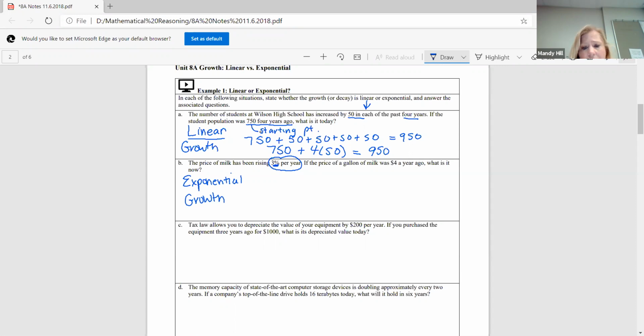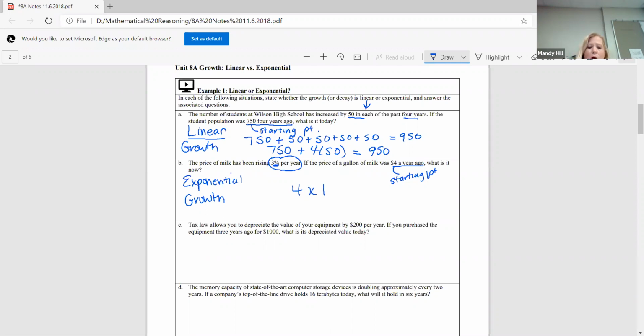Okay. If the price of a gallon of milk was $4 a year ago, what is it expected to be now? Only 1 year has gone by. This would be our starting point. All we need to do is say 4 times, and I'm going to multiply by 1 to get back the $4 that you started with, since I know it's going to be at least $4.